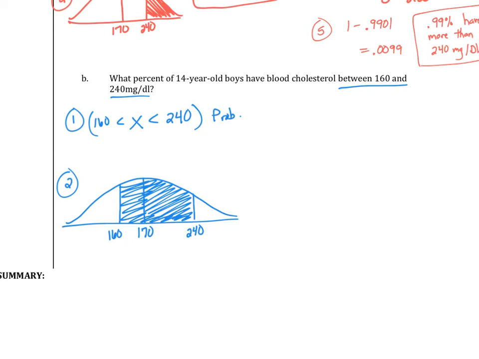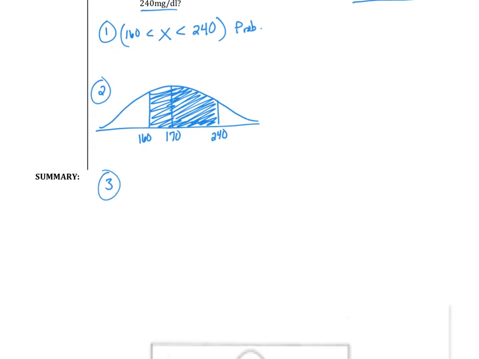So what is the probability that it is in between 160 and 240? So when we do this, we actually have to find 2 z-scores for step 3. So we've got to find the z-score for 240. So 240 minus 170 divided by 30. We actually just found that. It's 2.33. We found that above.